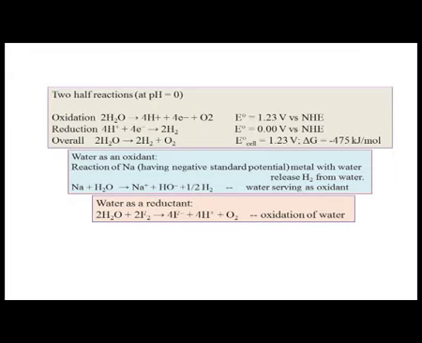So, if we set the scale at 0.00 volt versus normal hydrogen electrode, and with respect to that scale we consider where water stands for this particular reaction, it is 1.23 volt versus NHE, which is quite high, or quite above this particular scale.